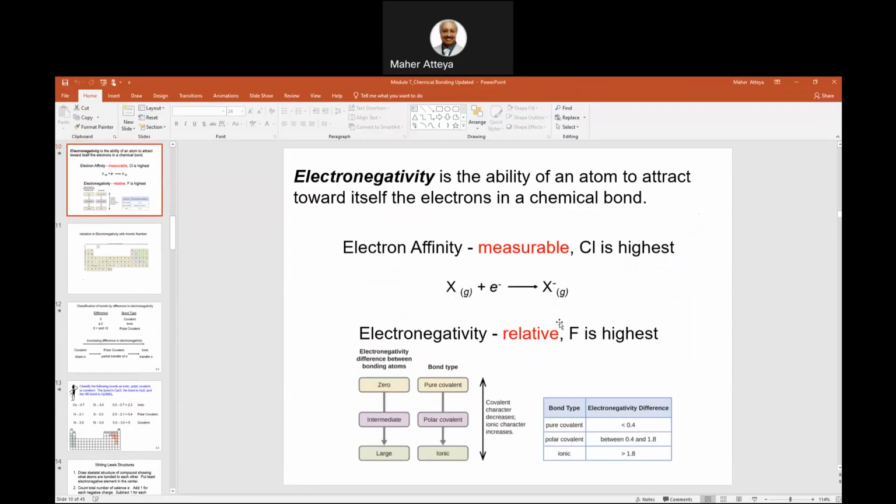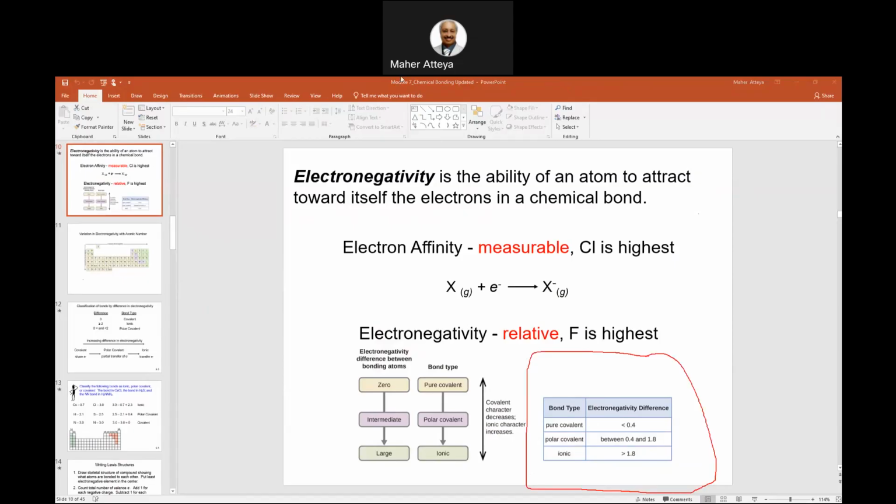Now, with the electronegativity difference here, we can determine the bond being covalent polar, covalent non-polar, or ionic. We can determine the polarity. So this table here, please make sure you memorize it by the final exam, because you will need it.